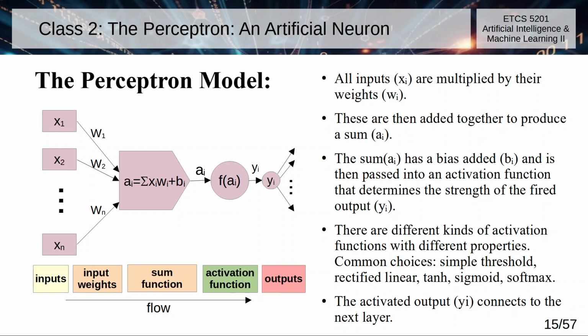And it turns out the way biological things work, different nerve cells tend to activate in different ways as well. Now, that activated output y sub i basically just connects to the next neurons. It might connect to one, it might connect to multiple things, or it might itself be an output node that says, this is my answer that I'm providing.